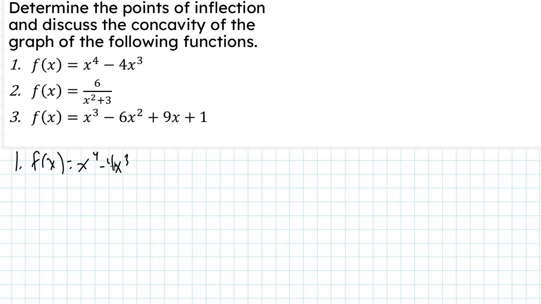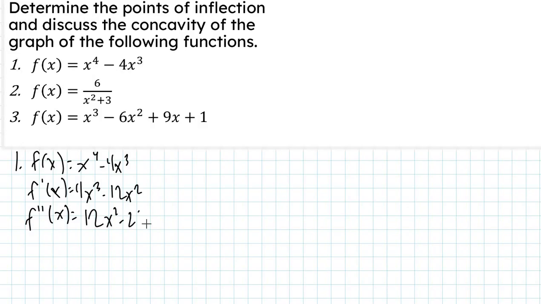We're not going to analyze if it's increasing or decreasing, only the concavity. So first, to find the second derivative, of course, you need the first derivative. The first derivative of the function is 4x cubed minus 12x squared, while the second derivative of the function gives us 12x squared minus 24x.